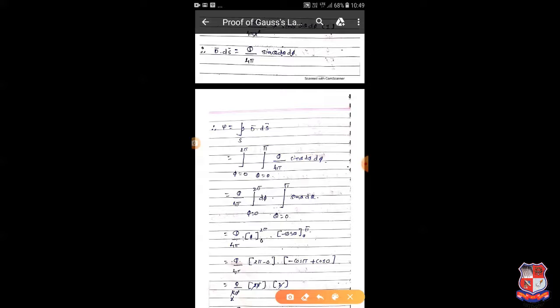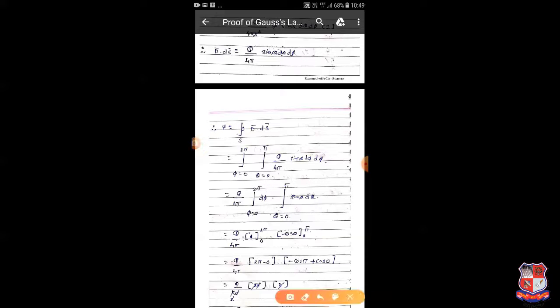Actually there are two integrals present, the first one is for d theta and the second one is for d phi. The limit for phi is 0 to 2 pi, and the limit for theta is 0 to pi. So psi is equal to the integral with phi from 0 to 2 pi and theta from 0 to pi of Q over 4 pi sin theta d theta d phi.